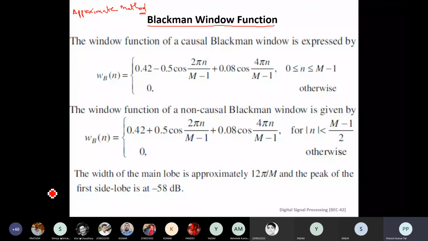In the Blackman window, our main motive is the same as with the rectangular window, whatever approximation is there.